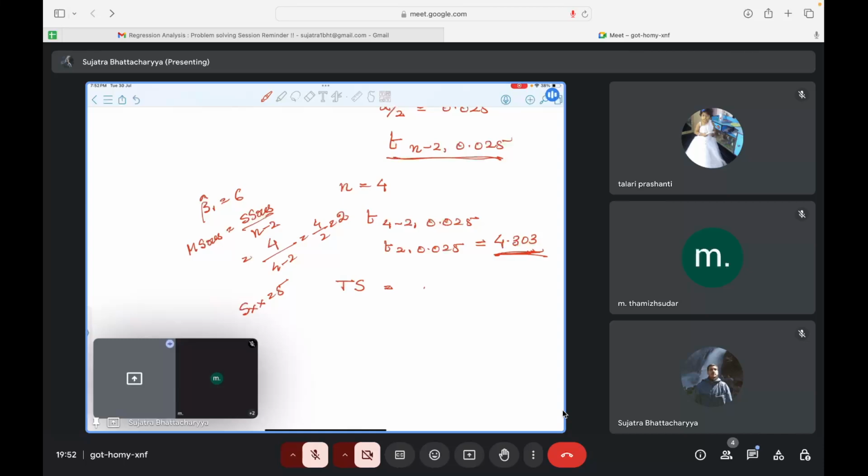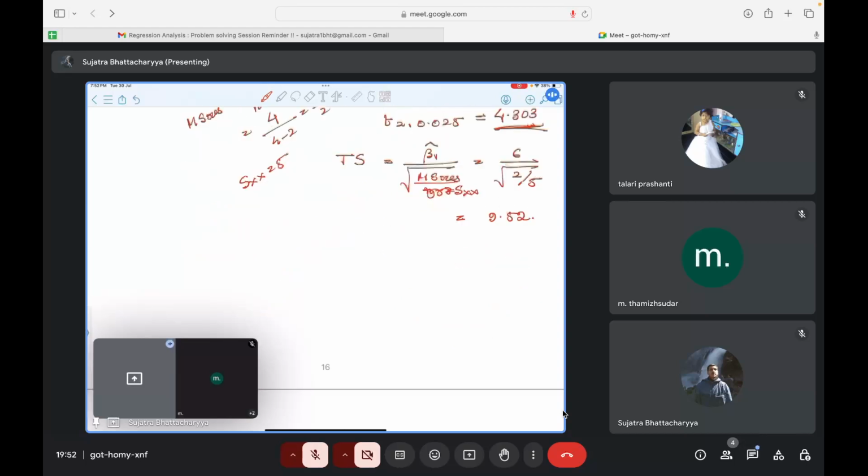So it is beta 1 cap divided by root over MS residual, with Sxx there. Beta 1 cap is 6, MS residual is 2, Sxx is 5. Based on that, if you calculate, it comes out to be about 9.5.